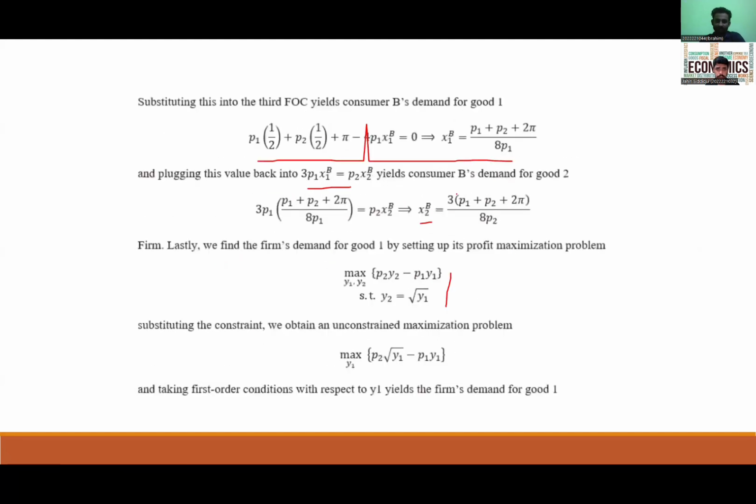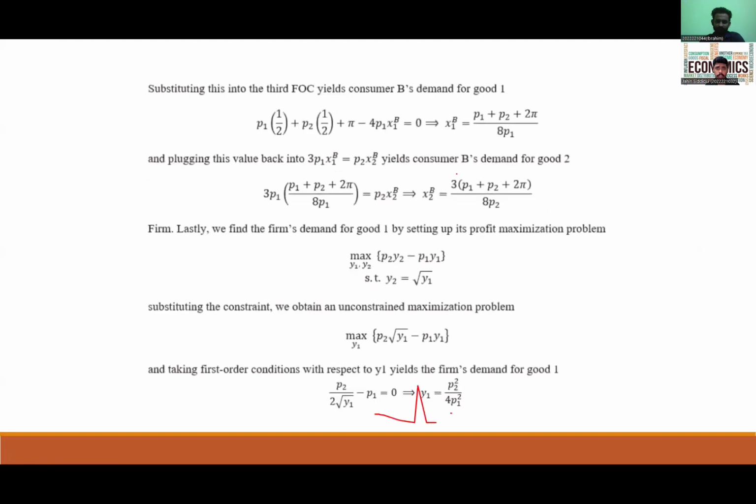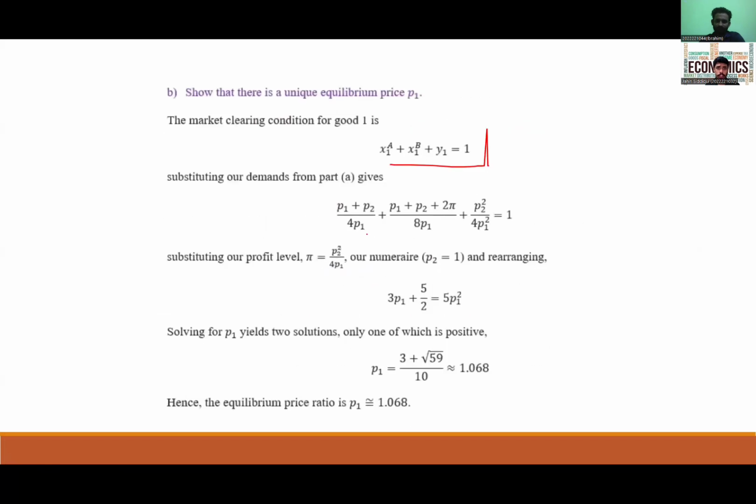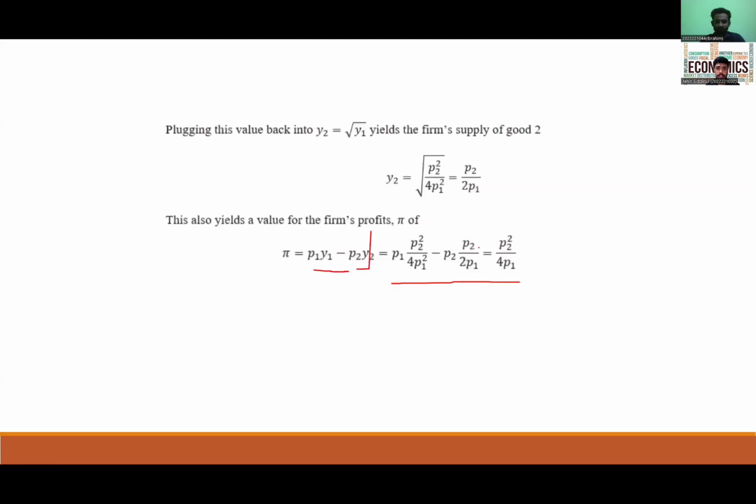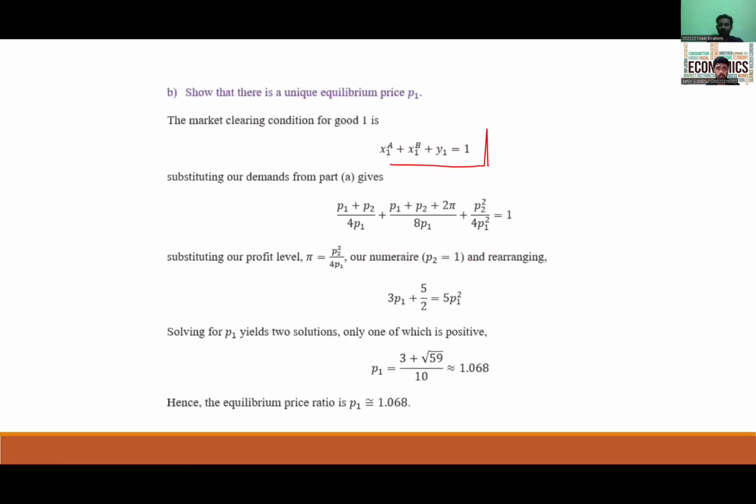We have plugged in the value of x1 from part A, x1b from part A, and also the value of y1 we have generated from part A. We have used these in this equation, substituting our profit level pi that we have generated, which is P2 squared divided by 4P1, which is simply written here, and we have reorganized our market clearing condition.